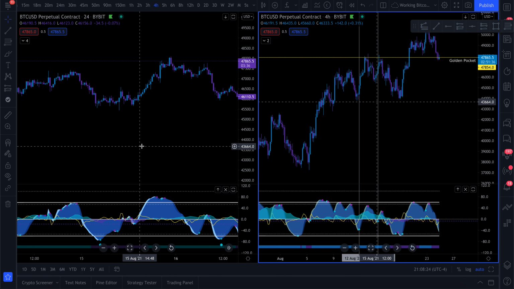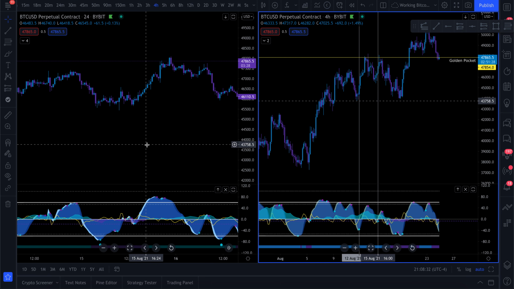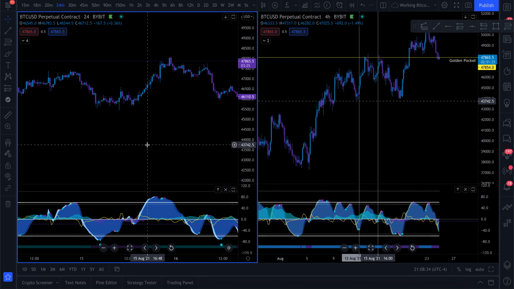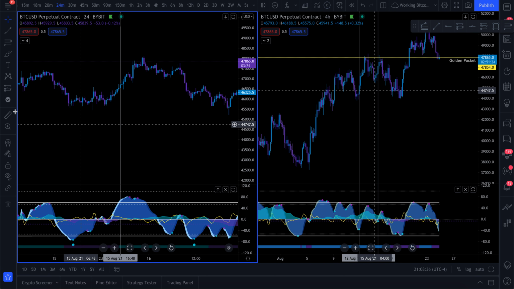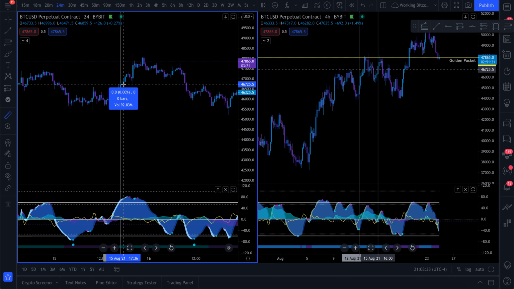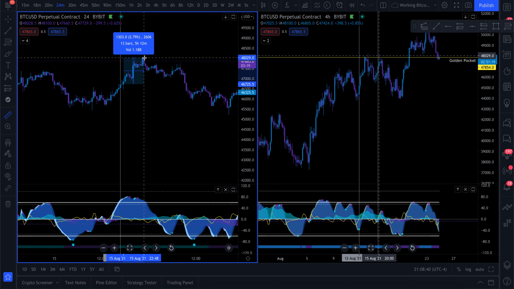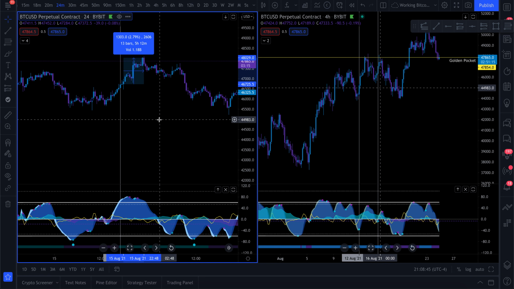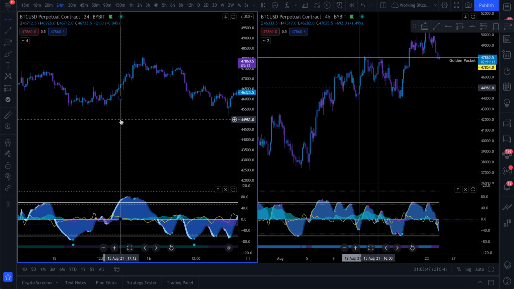It starts printing right here, and we can see that we get the money flow crossover literally right here on this candle, the first one that confirms. And again, we could have entered the trade. We would have been in this trade for about 5 hours, guys, but we would have made close to 3%.